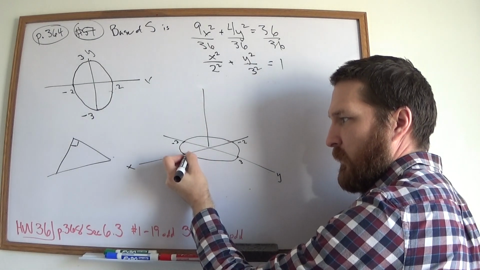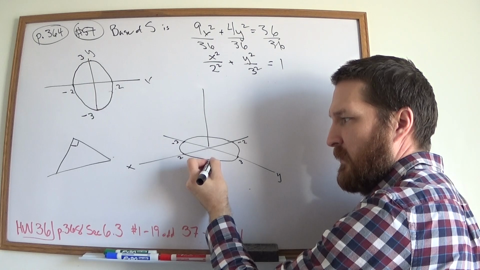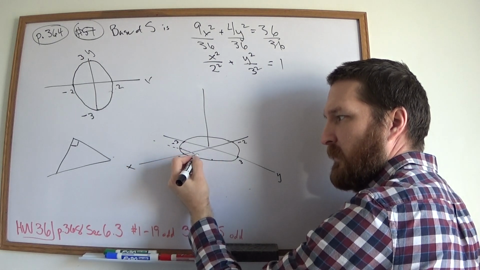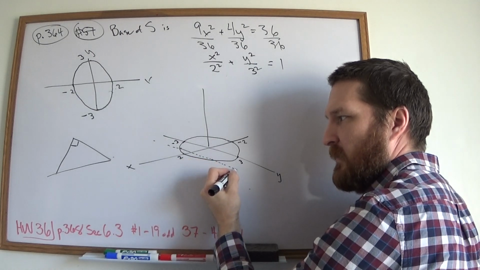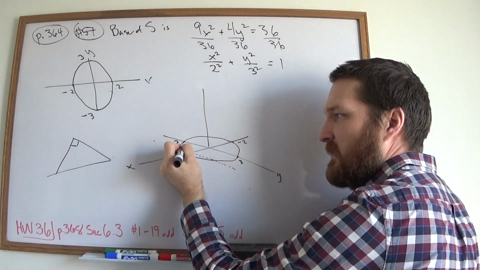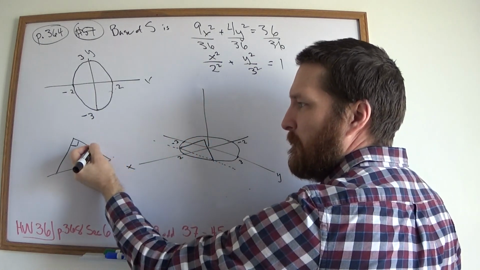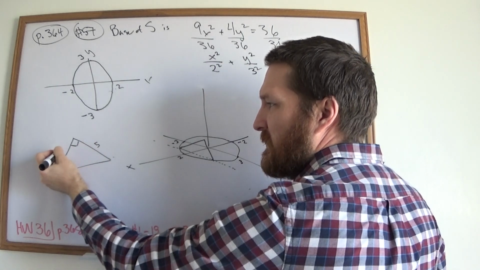So from here to here, because it says cross sections perpendicular to the x-axis are isosceles, that means that this length and this length are the same. So if this is 5, this is 5.